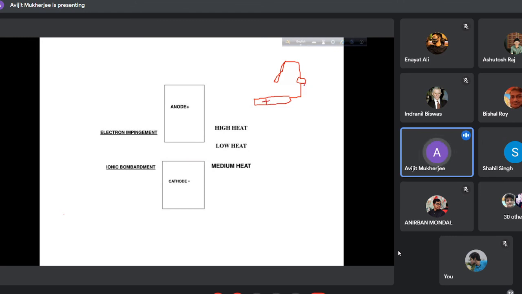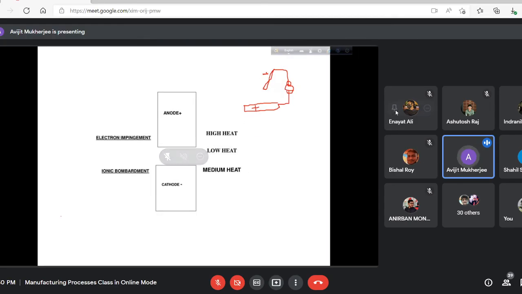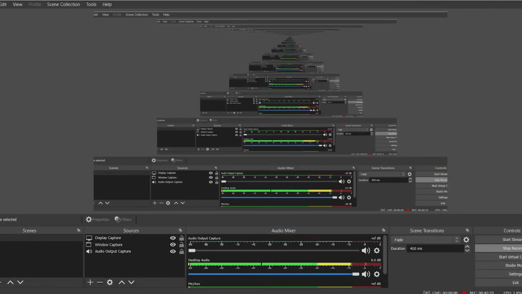Say this is the positive terminal of the DC, and this is the negative terminal of the DC, and the electrode is connected with the negative polarity, the negative pole. Okay, this is the job or work.